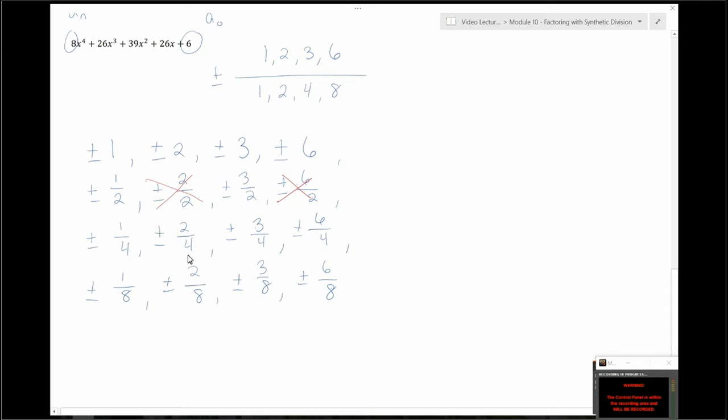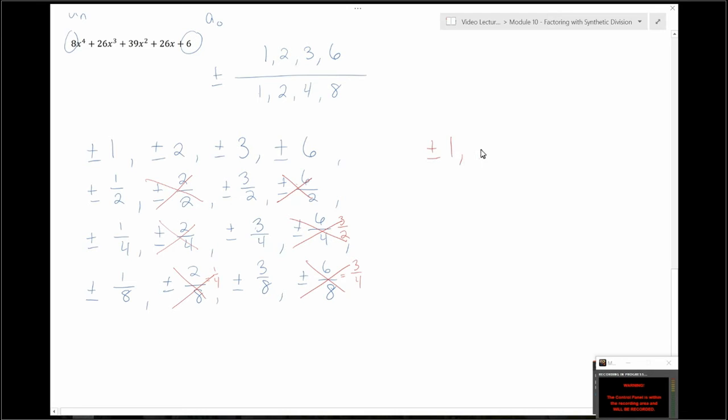So we can continue to go through in order. 1/4 is new, but 2/4 can be reduced to 1/2, which I already have. 3/4 is new. 6/4 is the same thing as 3/2, which I already have. 1/8 is new. 2/8 is 1/4, which we already have. 3/8 is new. And finally, we see 3/4, which we already have. So we can cancel that one out.